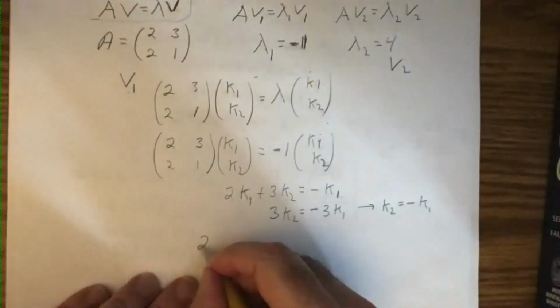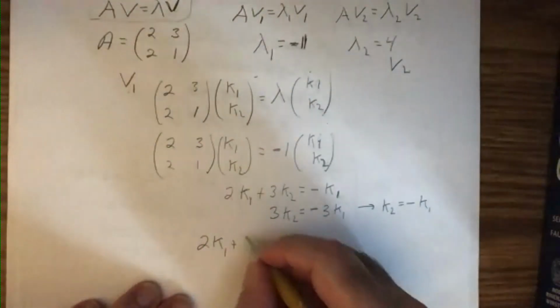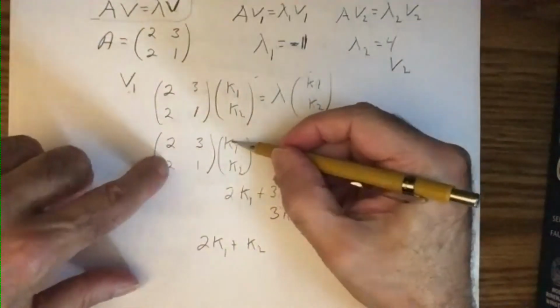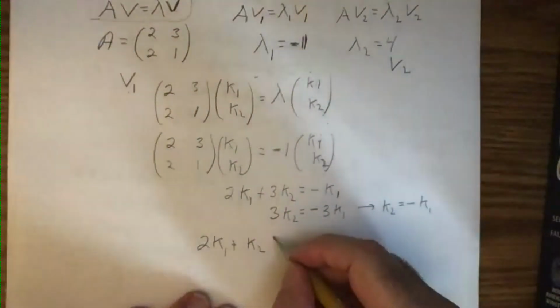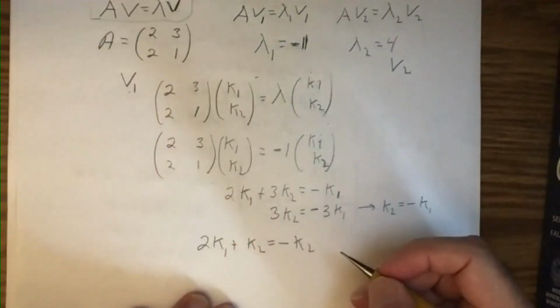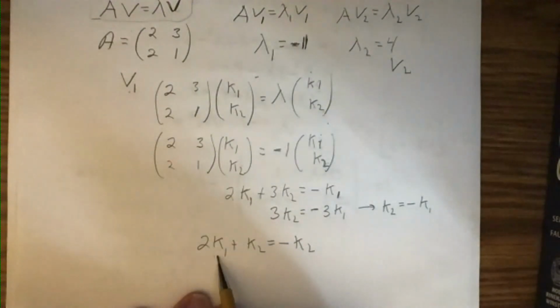This is going to be a K, and then I'm going to get a plus 1K. This times this and this times this has to be equal to minus K2, right? So this is K1.